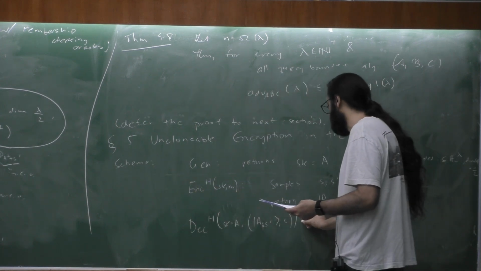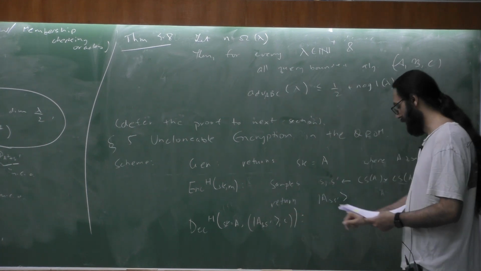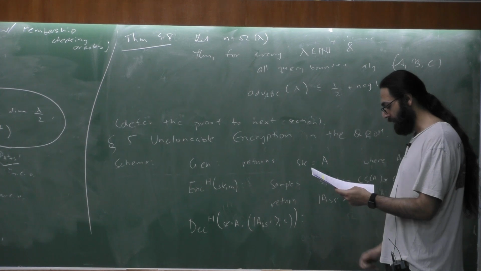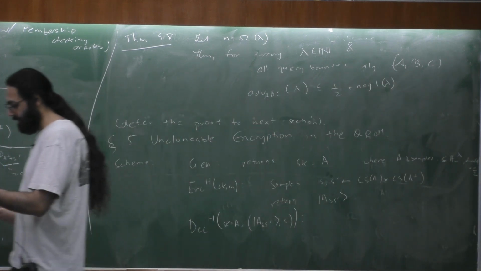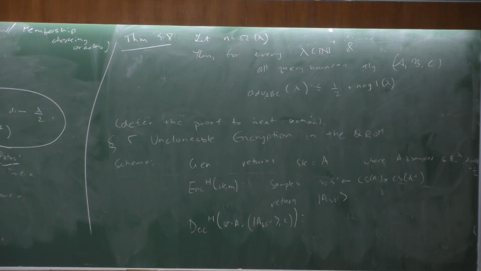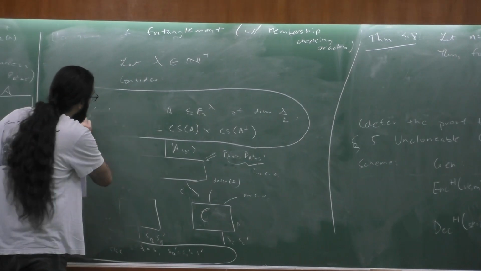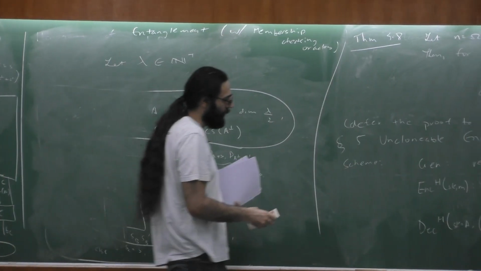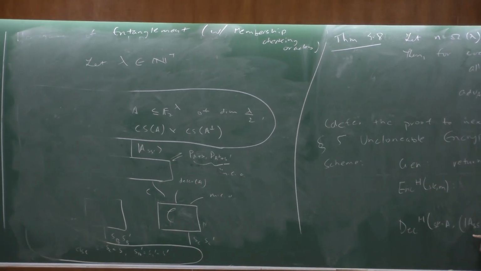Decryption is straightforward if you assume that, given the description of A and the coset state, you can extract S, S prime.